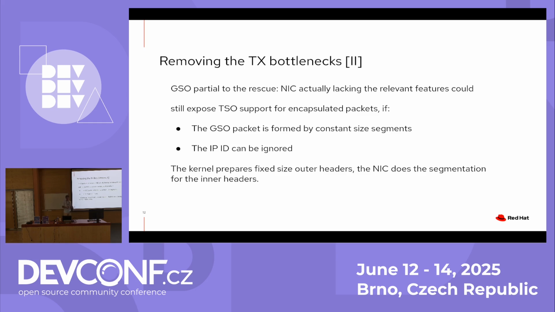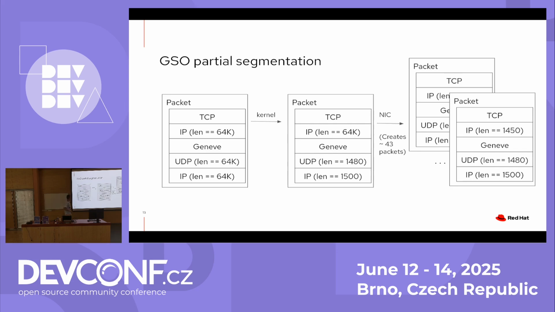The problem is that hardware devices are able to handle a single set of headers, and with UDP tunneled devices, we have two sets of headers. So what the kernel does to help them is this: this is our GSO encapsulated packet with a single level of encapsulation, and all the lengths inside those headers are roughly 64 kilobytes.